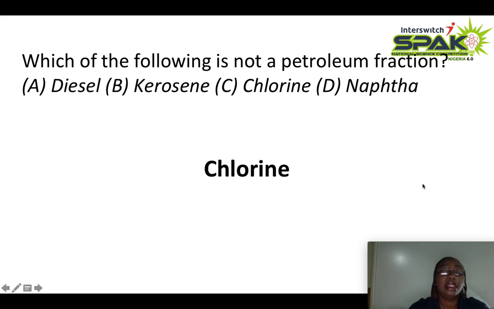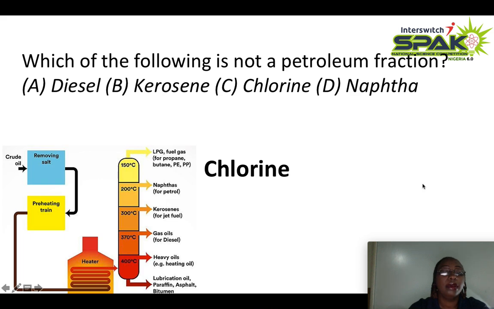Now let's look at fractional distillation of crude oil. Here we have our natural gases, followed by naphtha and kerosene. Naphtha is used for petrol, kerosene for jet fuel.